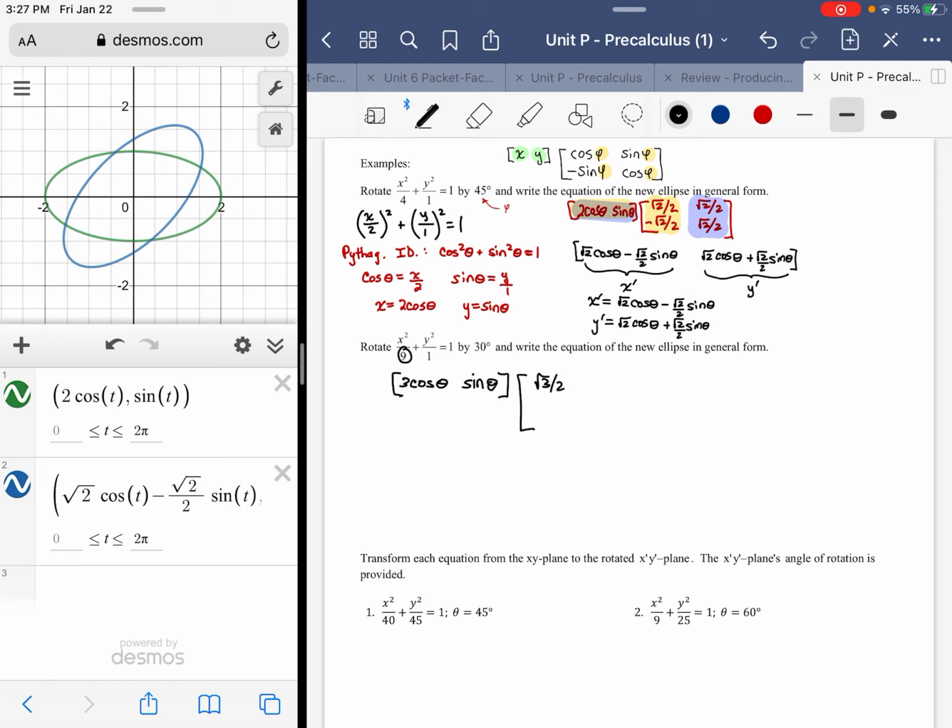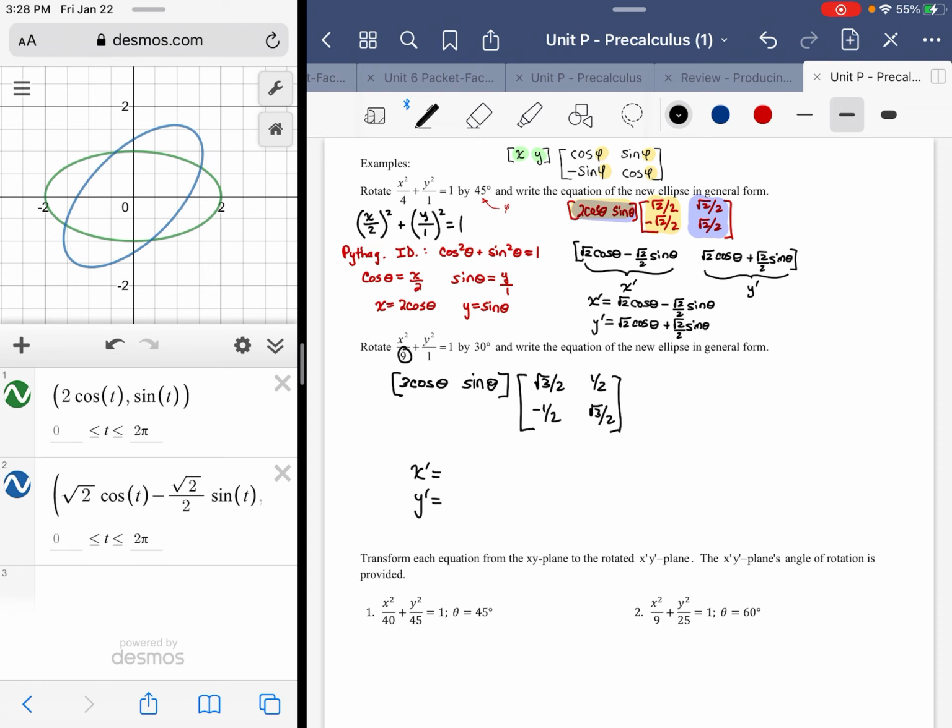Cosine of 30 degrees is radical 3 over 2. Sine of 30 is 1/2, but negated. And so we're looking for 1/2, radical 3 over 2. And so you can kind of jump right to it.